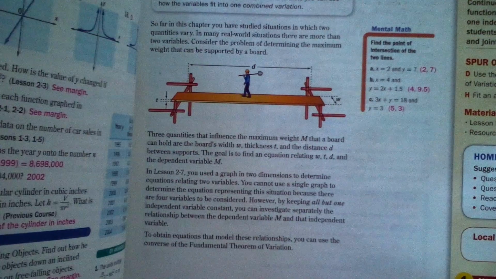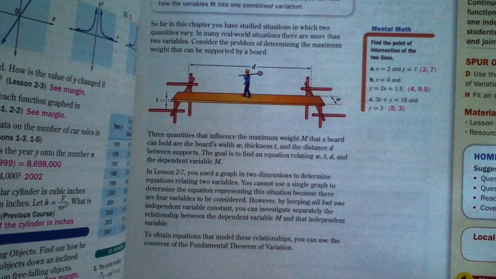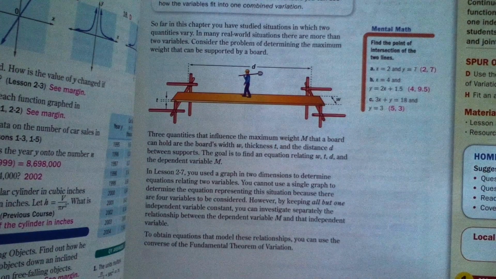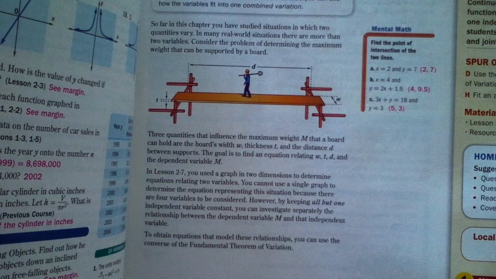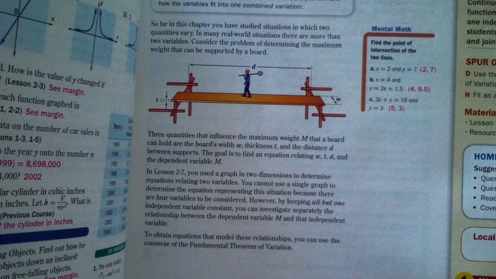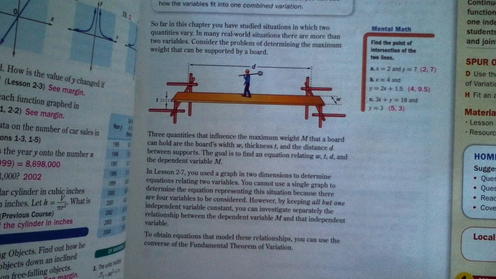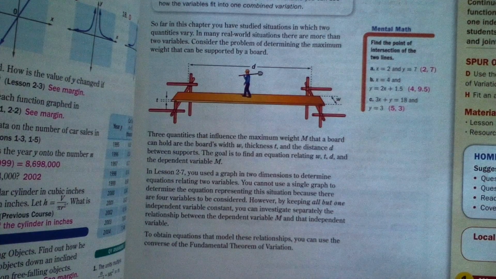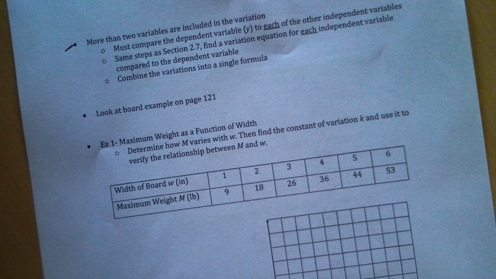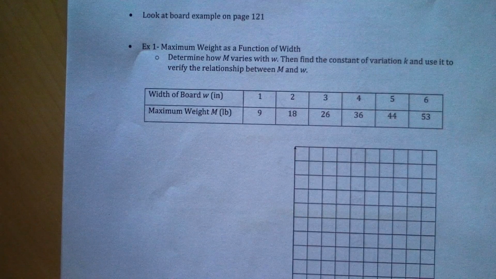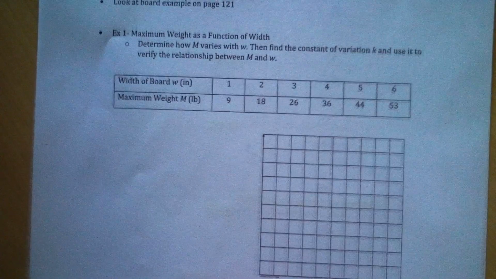A wider board. What about a long board versus a short board? A short one, right? So depending on different variables, we can have different sturdinesses of our board there. And that's what we're going to map out here. But the general point of that is it wouldn't just be one factor affecting that. It would be multiple factors: the length, the thickness, and the width.